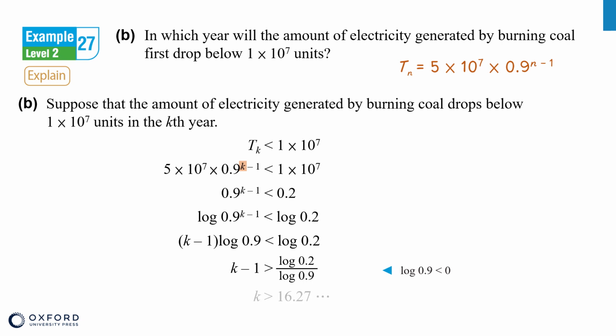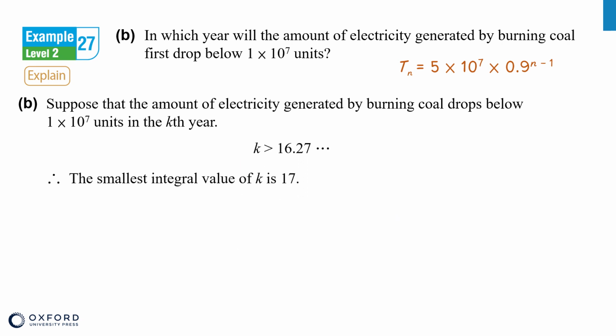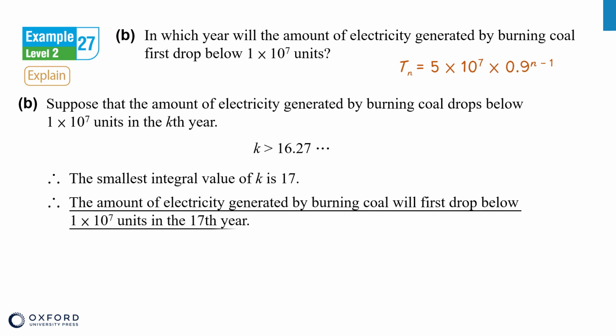Finally, we've got k is greater than 16.27. Therefore, the smallest integral value of k is 17. That is, the amount of electricity generated by burning coal will first drop below 1 times 10 to the power of 7 units in the 17th year.